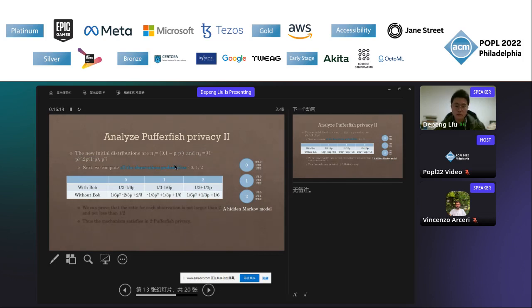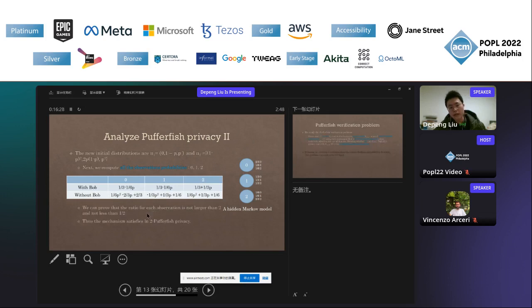So applying the same process, we compute all the observation probabilities for 0, 1, and 2. And here's the table summarizing these computations. And we can prove that the ratio for each observation is not larger than 2 and not less than 1/2. Thus, the mechanism satisfies log 2 pufferfish privacy.